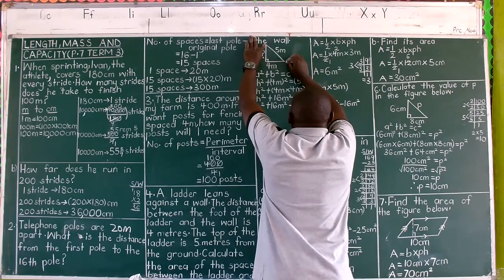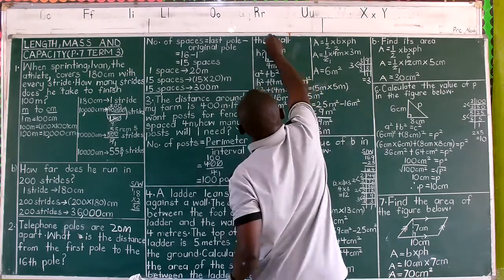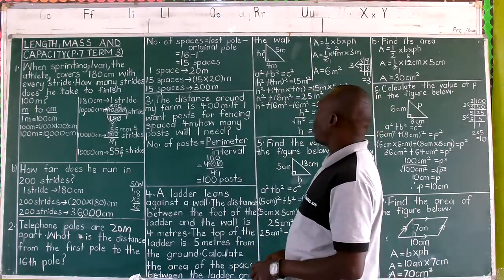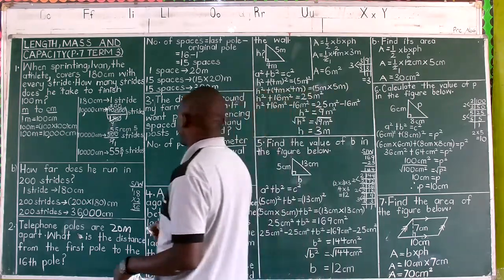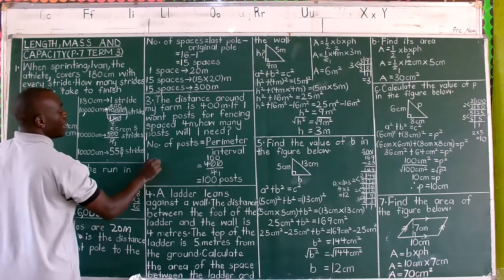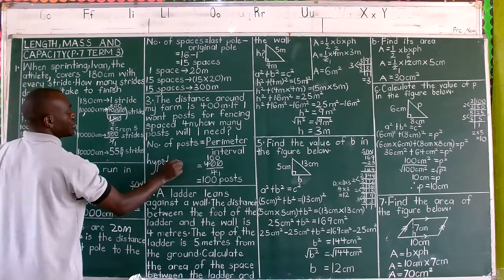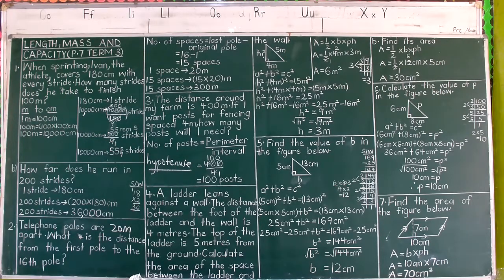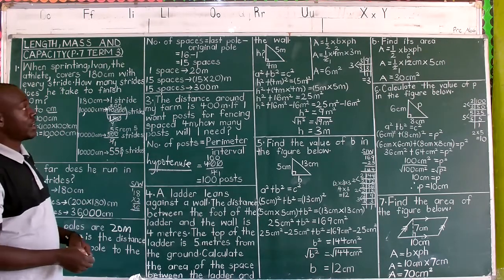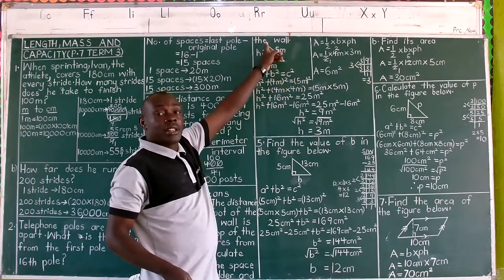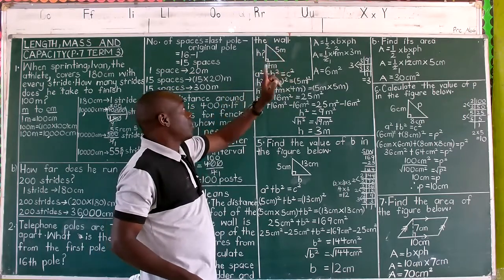So this will be the longest side of the right-angled triangle, which we call the hypotenuse. Hypotenuse, look at the spelling. Hypotenuse is the longest side of a right-angled triangle. So the ladder makes the hypotenuse, the longest side of a right-angled triangle.